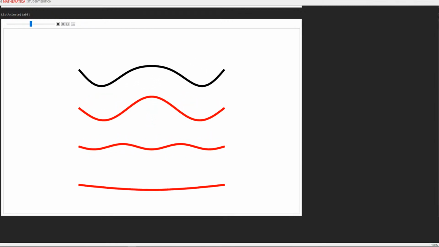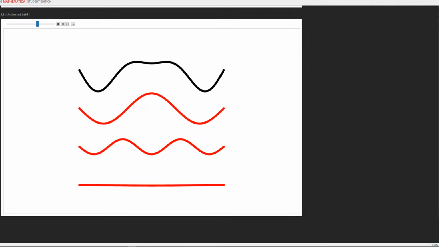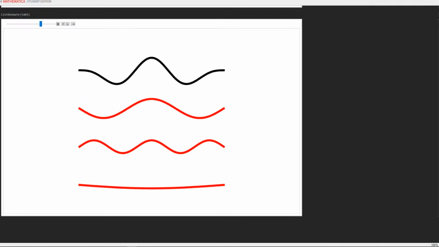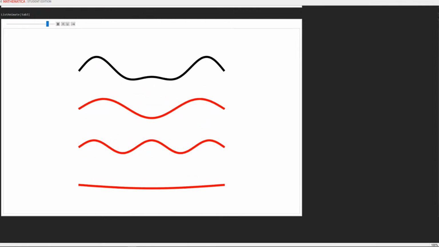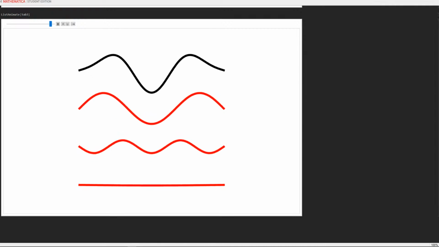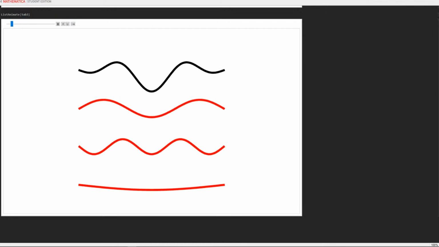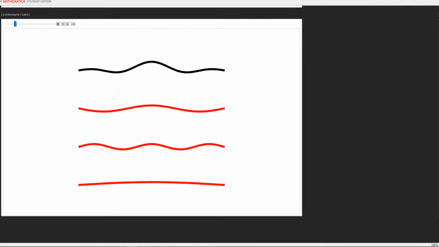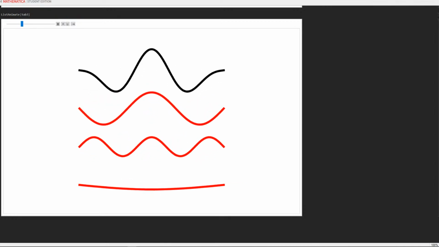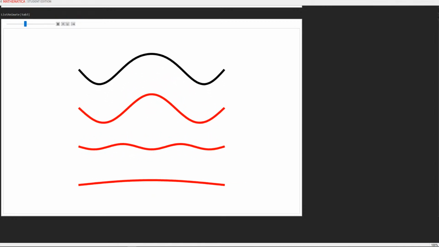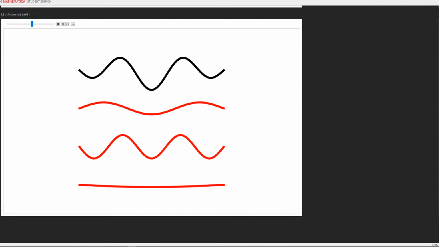So you can see how they interfere both destructively and constructively together to give the full solution in black. I think it's a very nice looking evolution of the system. But you can see this is not super simple motion that we got for a fairly non-intensive, mathematically not super intense method.